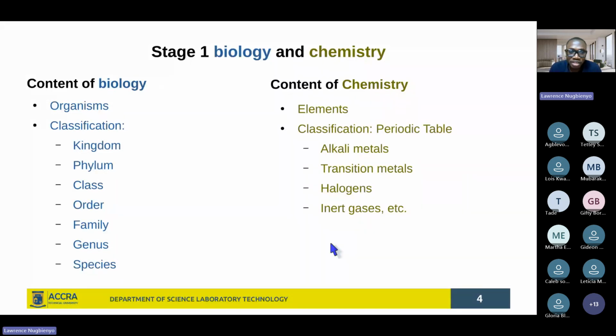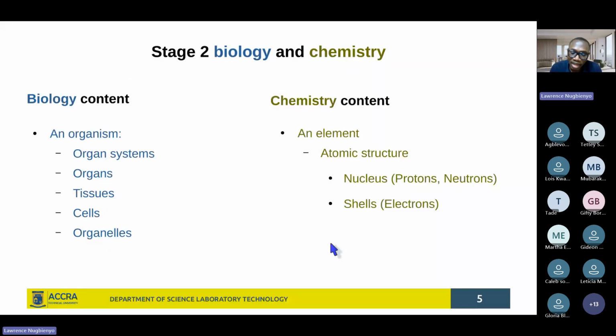You move down to stage 2. Now for biology, remember in stage 1, you were looking at all the organisms and classifying them. Now in stage 2, you take a single organism. And what do you study at this stage?